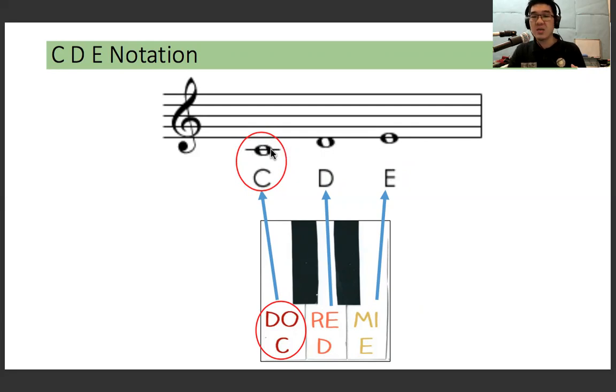We call this a middle C. After the C, we're going up to the D, and then we're going up again to the E. How to find it? Find your first two black keys, and then this is it, the C.